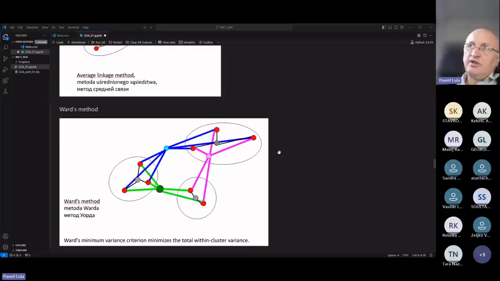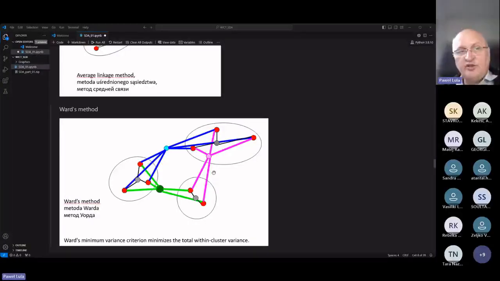Please look at this picture. We have 3 clusters here, and in every cluster we have objects. Objects here are represented by these red points. We have 3 clusters, and now we should choose 2 of them which should be merged during the next step of our analysis.